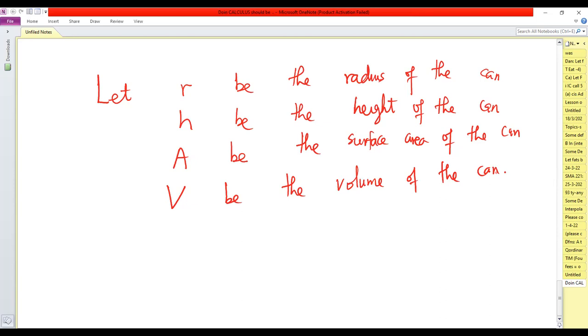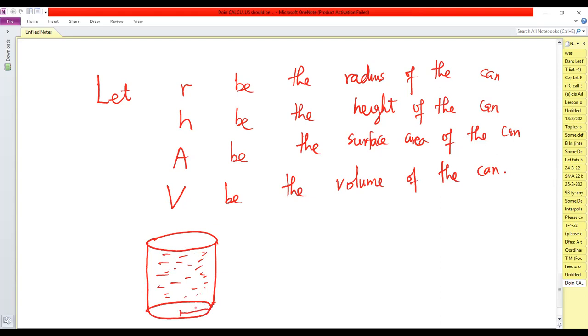This is what we have. So if we have to draw, roughly this is the diagram of the can. We have a radius of R centimeters and a height of H centimeters, because the volume is given in centimeters cubed.